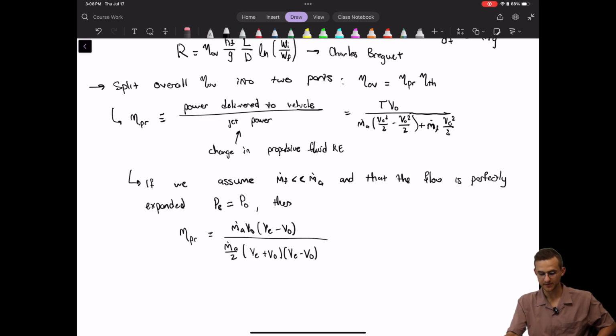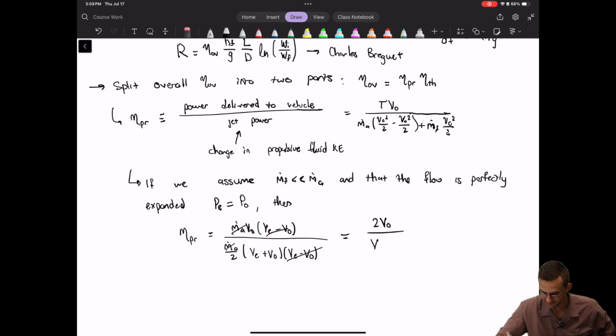The m dot f term on the denominator went away because we assumed that m dot a was much, much larger than m dot f. And so these two things cancel, as well as the m dot a's, and the propulsive efficiency just becomes this ratio, 2 V naught over V naught plus VE. And as VE approaches V naught, your propulsive efficiency goes to 1.